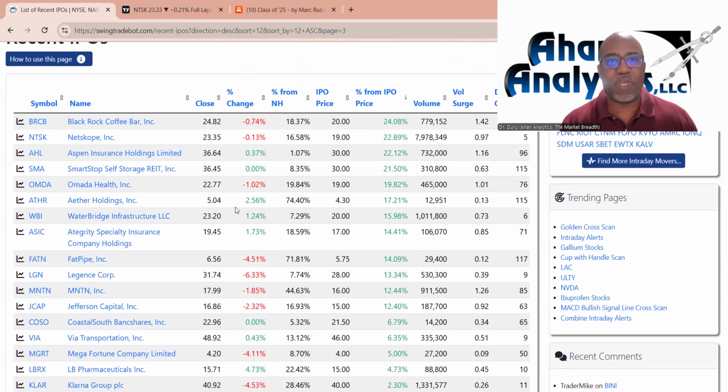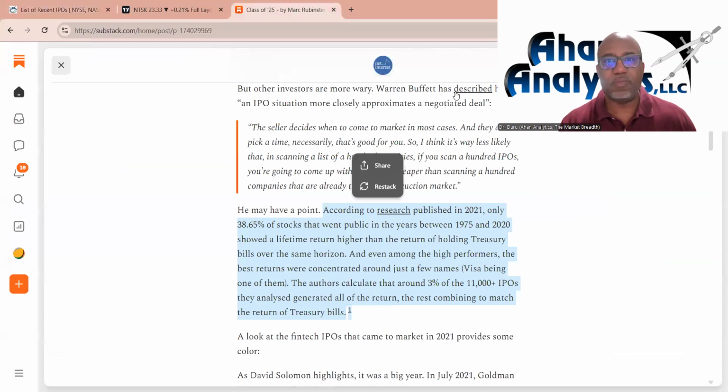Now, this new feature was very timely because a recent article in Net Interest talked about how bad of an investment IPOs are. So this is important context for the trading rules that I just told you about, because this will help you understand why I'm so tempted. I talked about trading, not investing, in these IPOs.